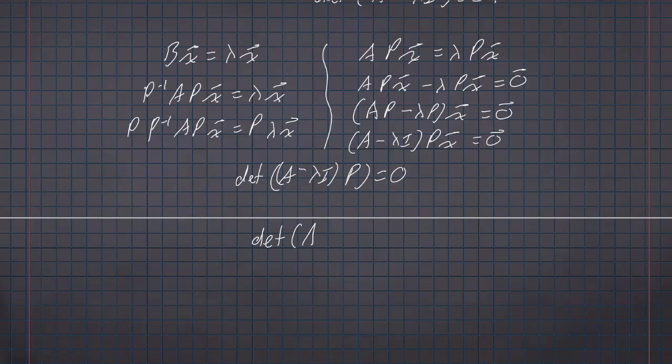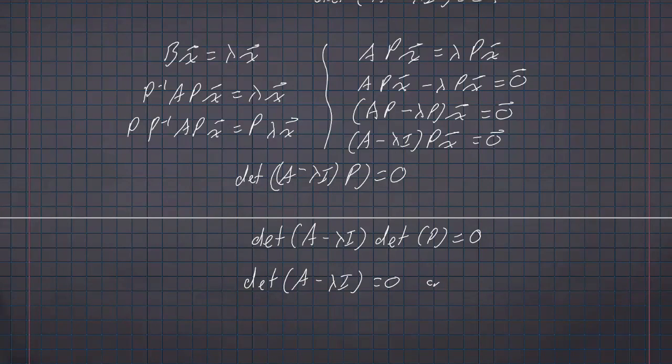So the determinant of A minus lambda I times the determinant of P is equal to 0. Zero product rule tells us that either the determinant of A minus lambda I is equal to 0 or the determinant of P is equal to 0.